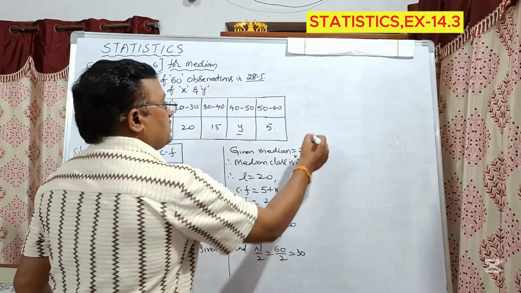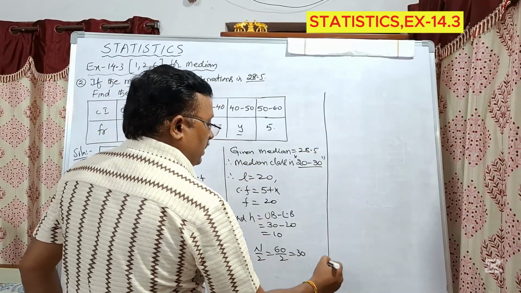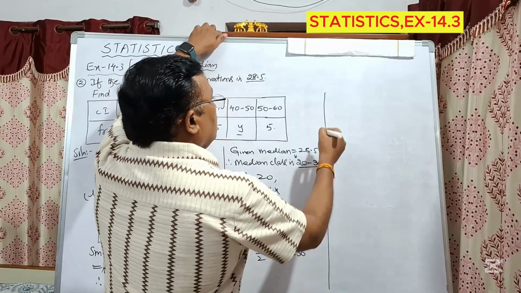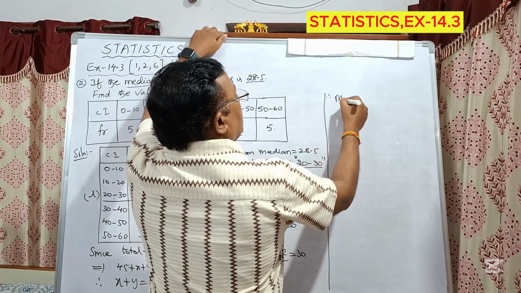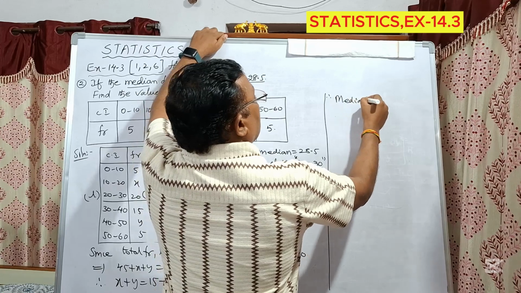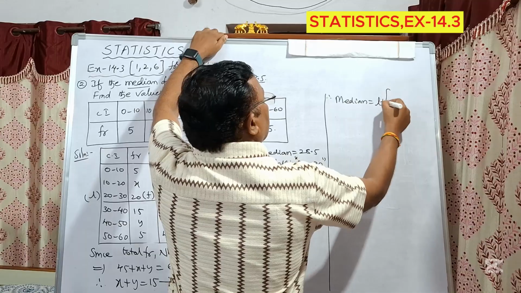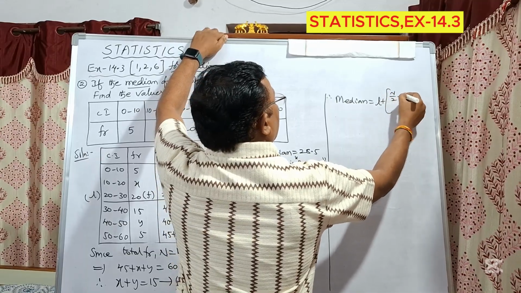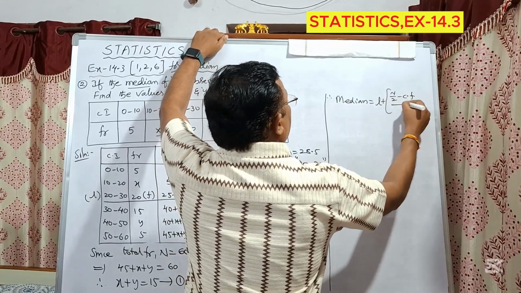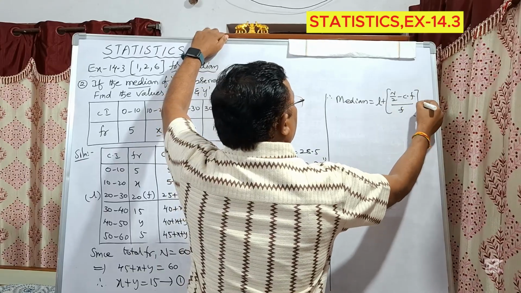In the next step, write the median formula. Median is equal to L plus n by 2 minus CF by small f into h.